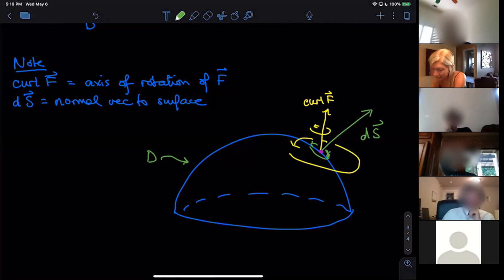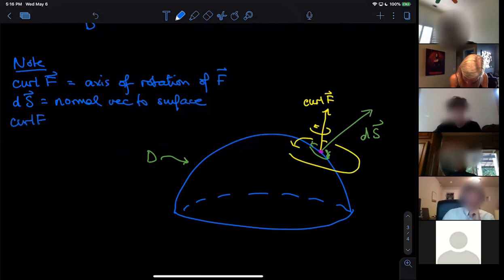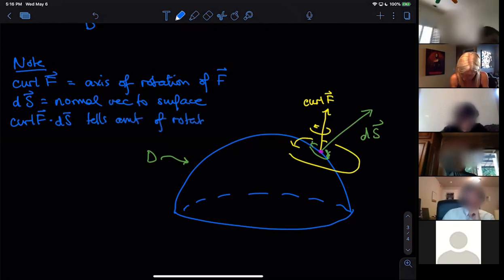So this, curl F dot dS, tells the amount of rotation of the vector field F in a plane that's tangent to the surface. So I'm just going to say in the surface or tangent to the surface.